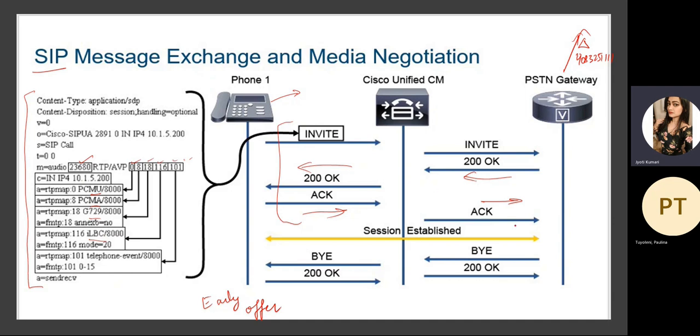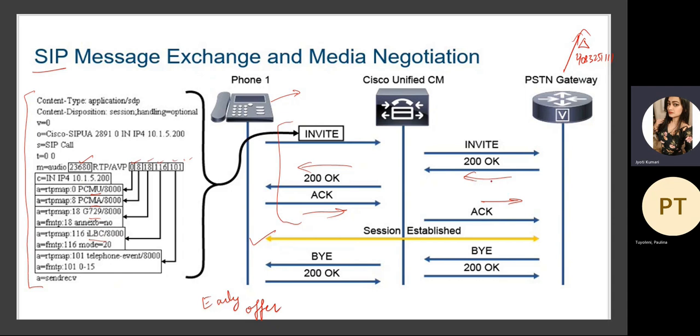And then there will be an acknowledgement and the session will be established, right? Then there is another method other than the early offer, in which the invite message does not contain these parameters. It just sends an invite and then the destination sees that, okay, no parameters were there, but I am accepting this.